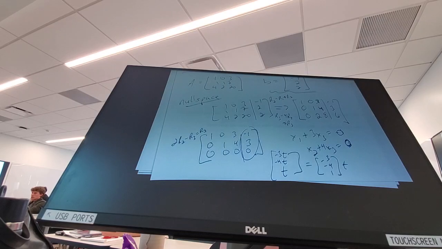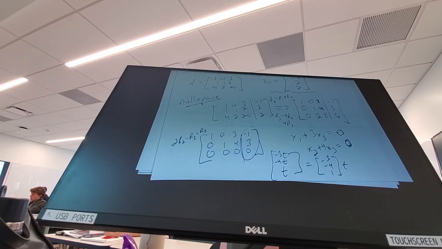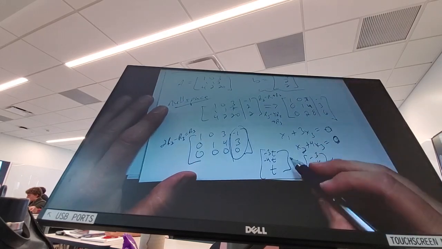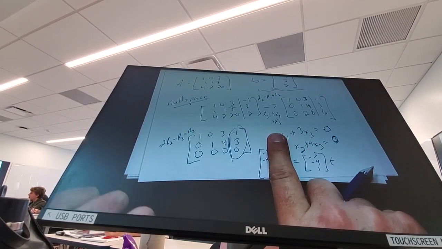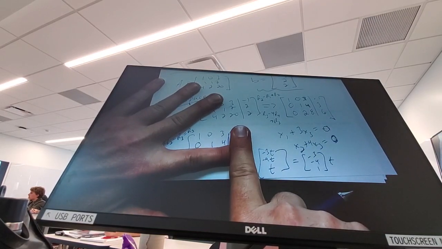In fact, my rank for A is 2, yes? My column rank is 2, my row rank is also 2, because I can see my R. What would R be? Be really careful. What's R? That. Yes? That's R. Okay, I like it.